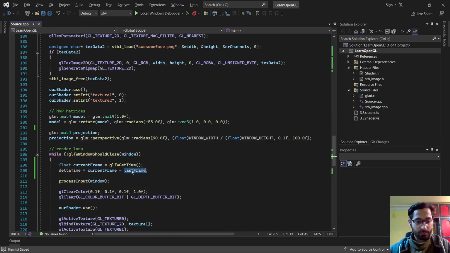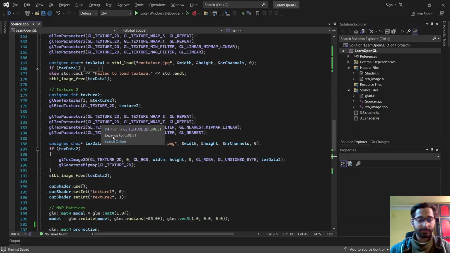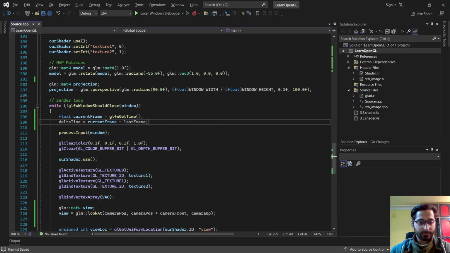Alright, so far so good. We set the last frame to 0 by default because let's say this is the first frame, so last frame is going to be 0. Current frame is equal to glfwGetTime, so the time since the application has started.